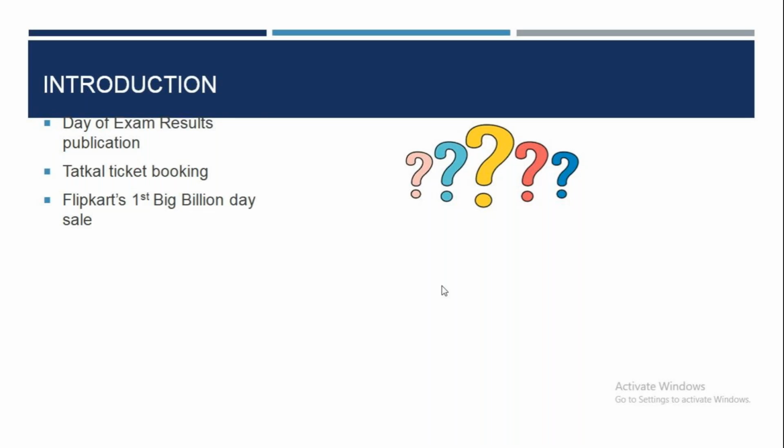Now these three events, exam results publication, Tatkal ticket booking, and Flipkart's first Big Billion Day sale, are just examples; many more events could be added to the list. These events point to the performance of an application, because the website on which exam results are published, say any university or college website, is also used on other days.